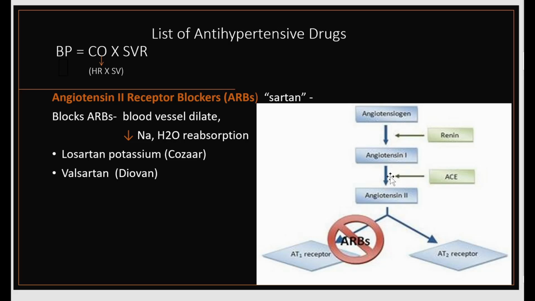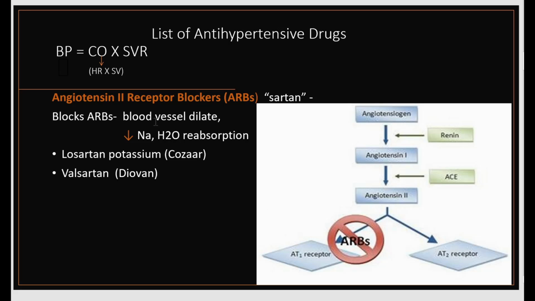So angiotensin 1 gets converted to angiotensin 2 and it binds to certain tissues or sites called angiotensin receptors. So when you're blocking the angiotensin 2 receptors, angiotensin 2 cannot bind to the tissues or cells. Again, angiotensin 2 is a vasoconstrictor and it increases the sodium and water reabsorption, but now it cannot bind to the tissues or cells.